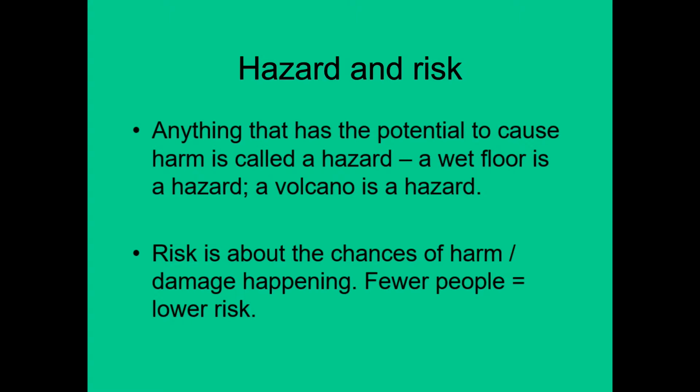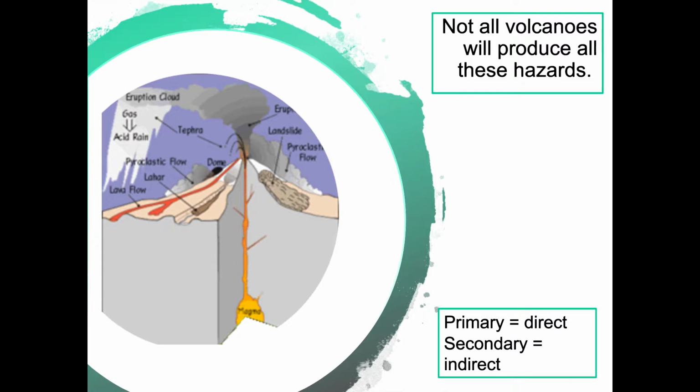So our topic for the next couple of videos is all of the different ways that volcanoes can cause harm. And you've got a diagram on page 30 with a few words and phrases that I'm going to be talking about in these videos. Can I just emphasise that there is not one single volcano on planet Earth that is capable of producing all of those hazards, thank goodness.